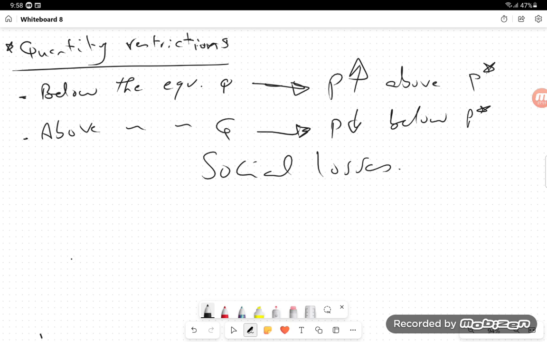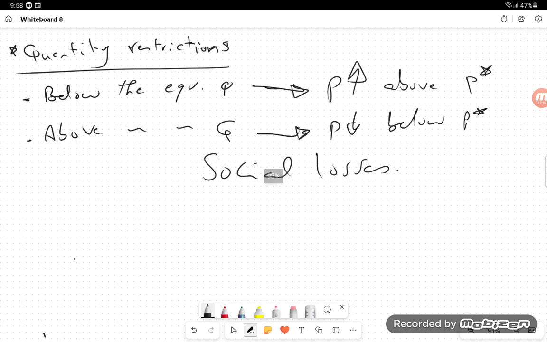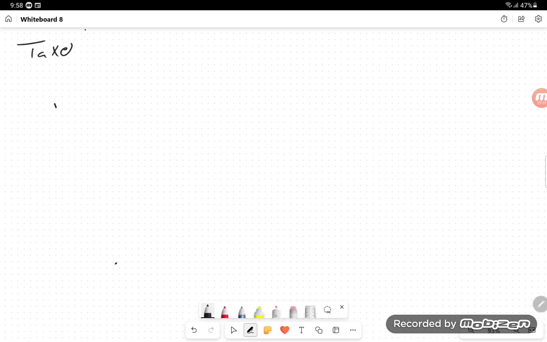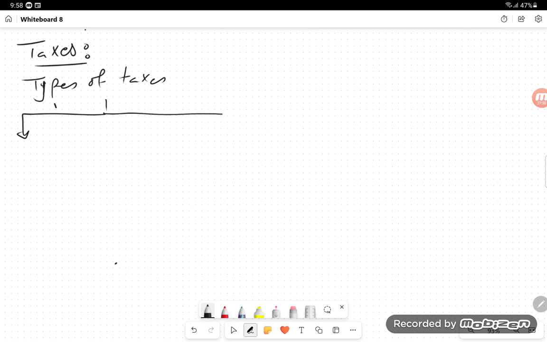What about number 3, which is taxes? What are the different types of taxes that can be imposed on energy sources? Mainly, there are 3 different types.